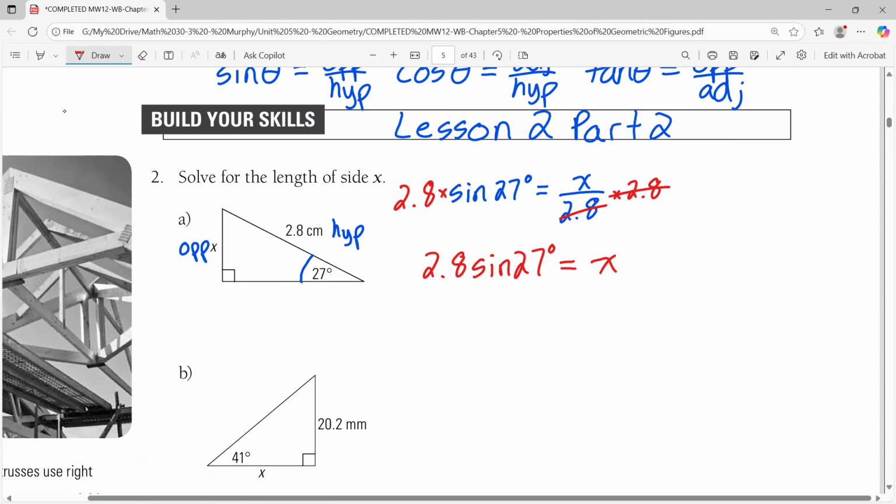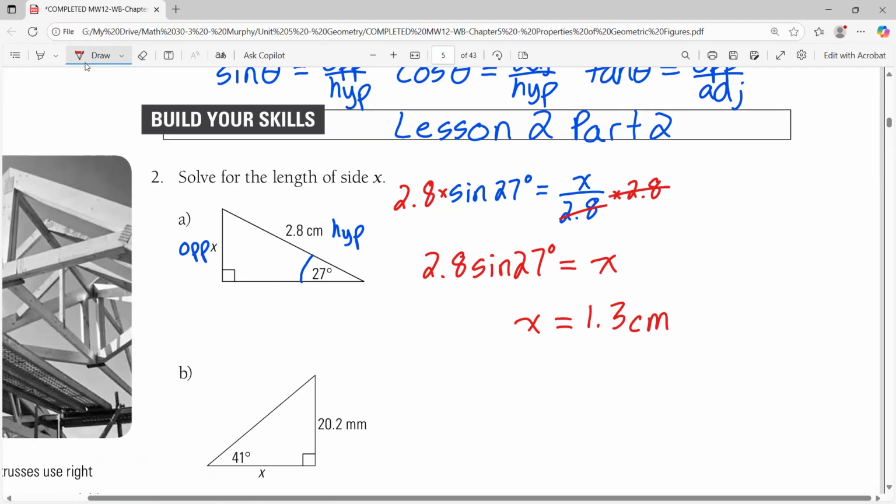Okay, and you go 2.8 sine 27 in your calculator. You can just punch it in all at once, and you should get the right side length. So I'll go 2.8 sine 27, and I got 1.27, so 1.3 centimeters.